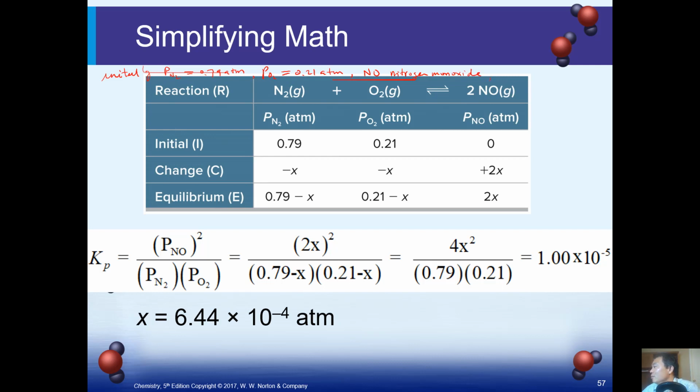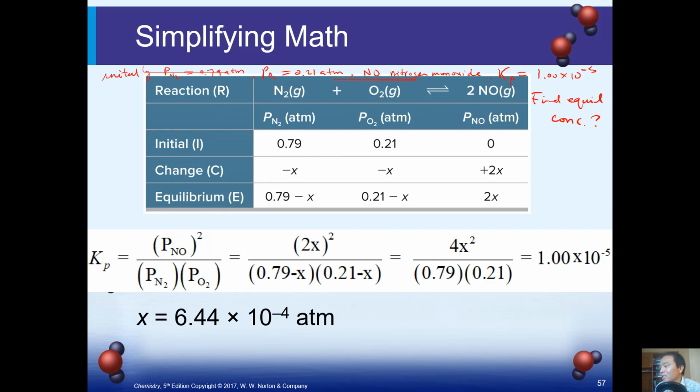We also tell you the Kp is 1.00 times 10 raised to -5. We ask you to find the equilibrium concentrations. So that's the whole question. Sorry about the missing information.